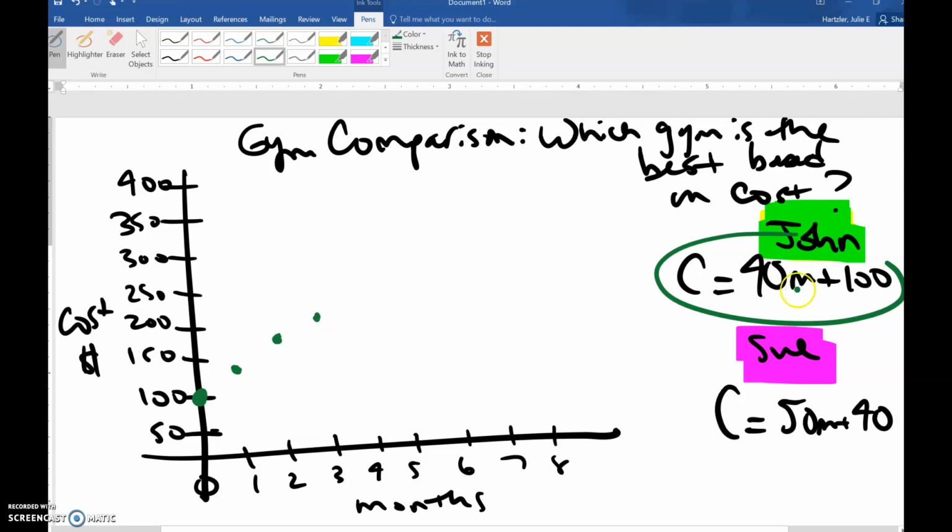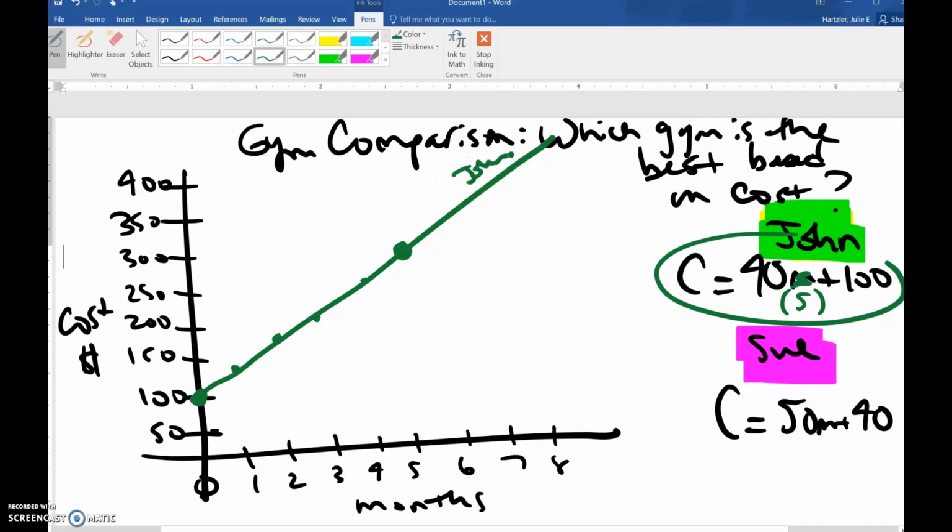And 4 is 160 plus 100, 260. And 5 is going to be a great number to sub in. So if I sub in 5 where M is, that's 200, that's 300. So then I have an exact point. If I was doing something on my MyMathLab, I would plot 5, 300, and 0, 100, and then have the tool draw the line. John I chose in green, so this is John.